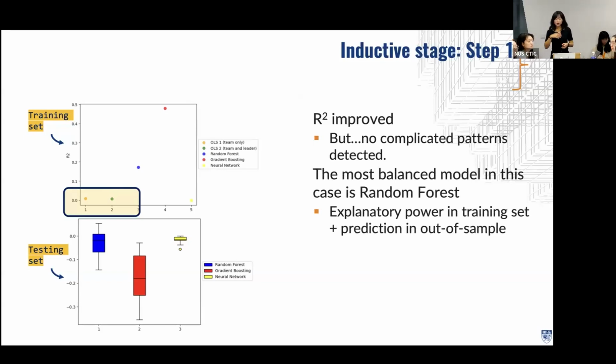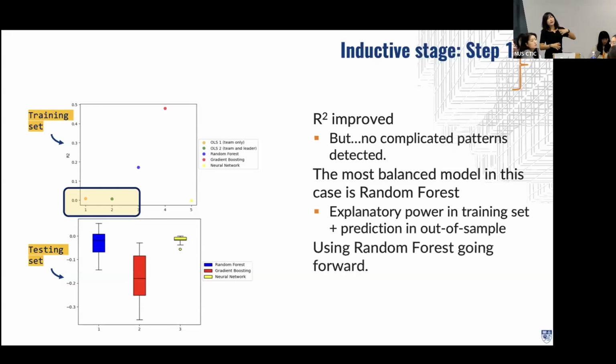So we gave up on neural networks and the very simple OLS predictions, and we decided to focus specifically on random forest models. From here on, this is the model family that we want to rely on primarily. Remember, we already started using human judgment. We're not entirely asking the models to give us whatever they want and only pick accuracy.